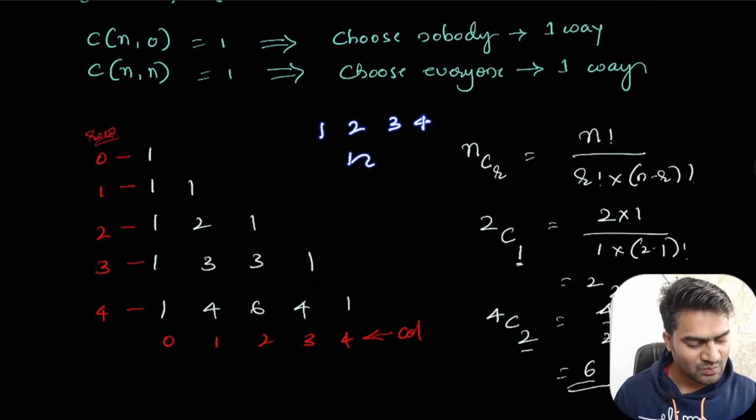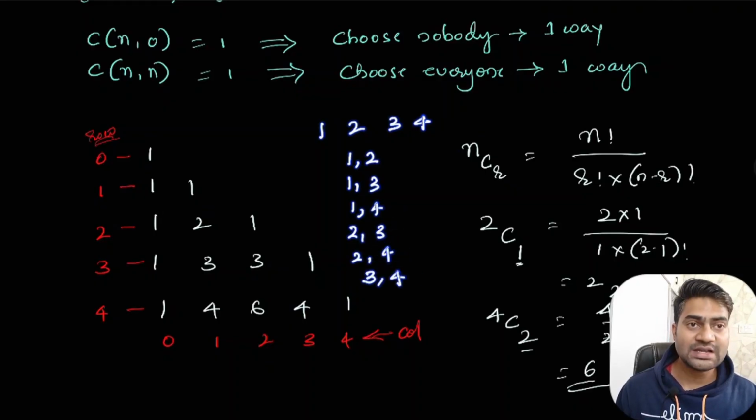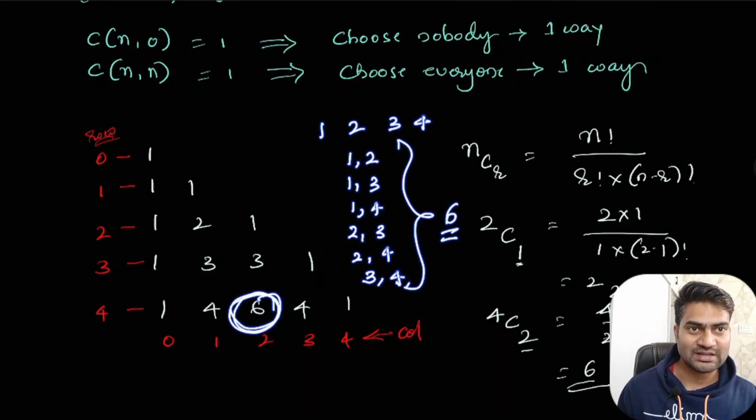I can pick 1 comma 2, then 1 comma 3, then 1 comma 4, then 2 comma 3, 2 comma 4, then 3 comma 4. These are the different possible ways. There are 6 ways, right? This is what this number represents. This is the simple intuition. If you remember this intuition, then any cell will represent this particular formula.